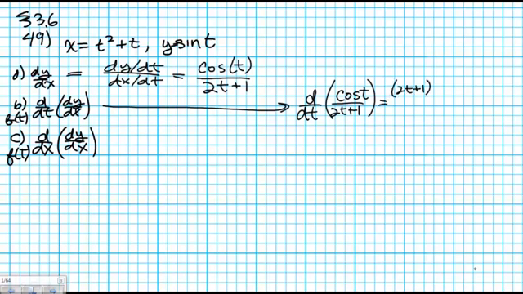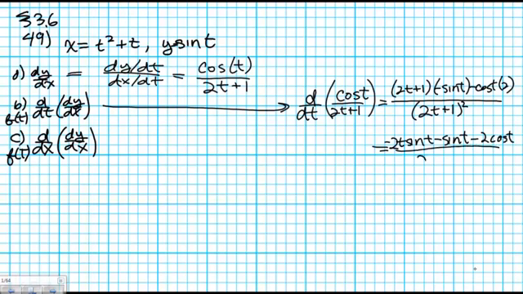(2t plus 1) times negative sine of t, minus cosine t times 2, over (2t plus 1) squared, which is equal to negative 2t sine t minus sine t minus 2 cosine t, all over (2t plus 1) squared.